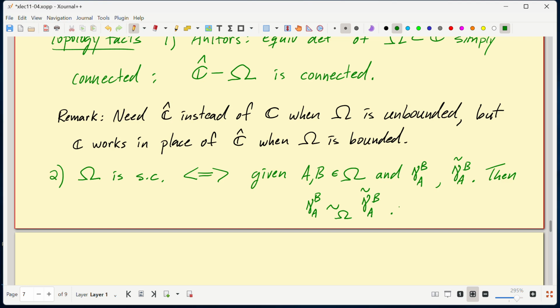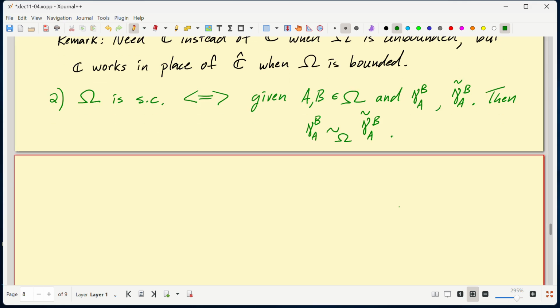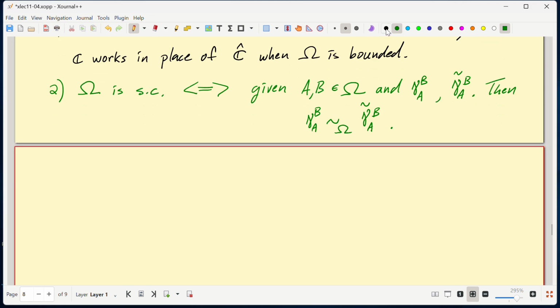Let's see. What's the easy direction? I think this is the easy direction.